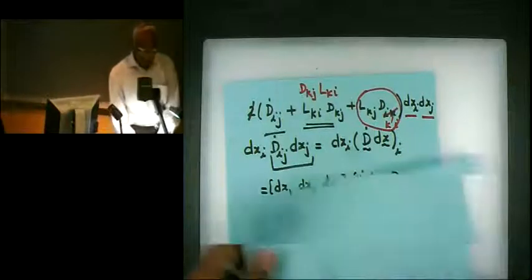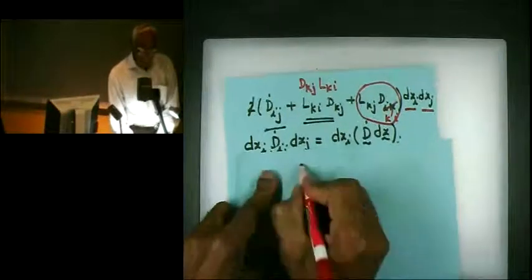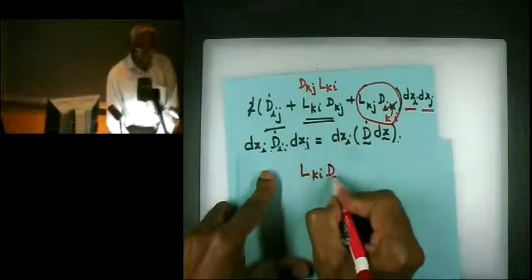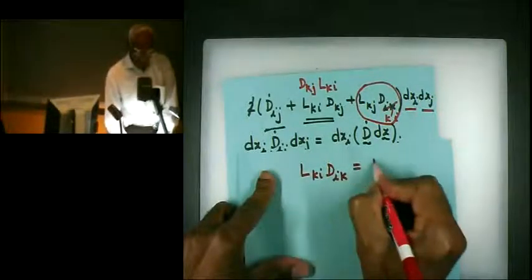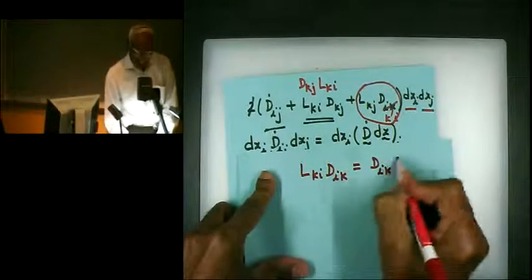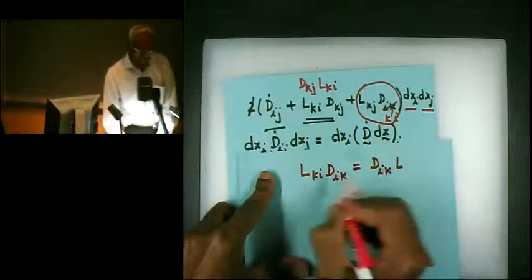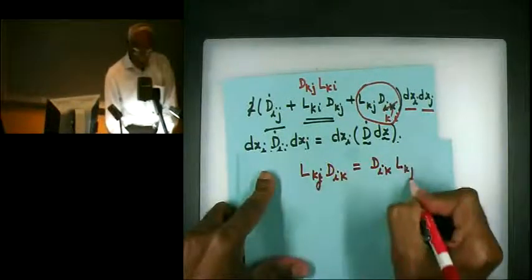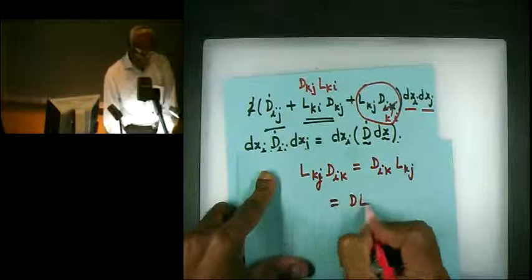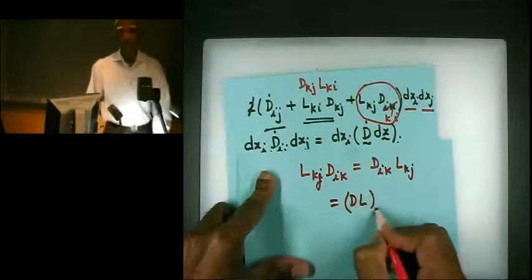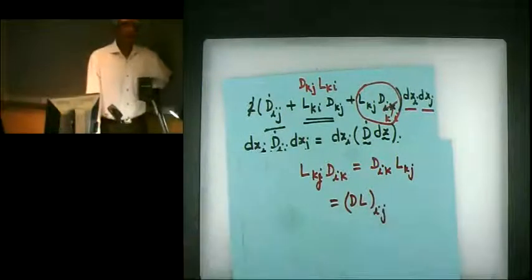So it's LKI DIK is the same thing as DIK. Oh, there is a J somewhere. Yeah, J. LKJ, which is DLIJ. Yes, that's true.